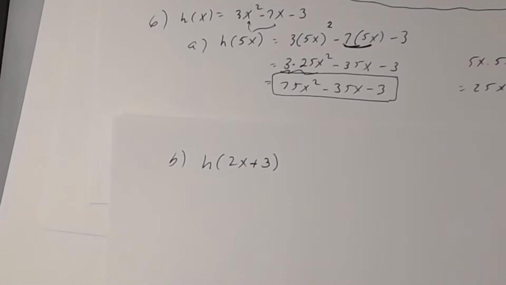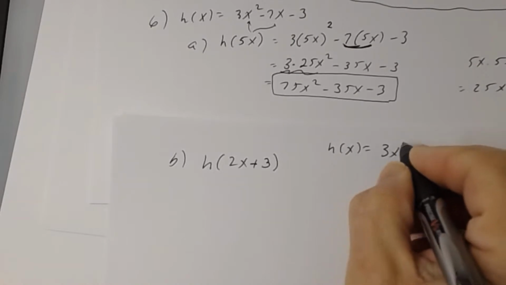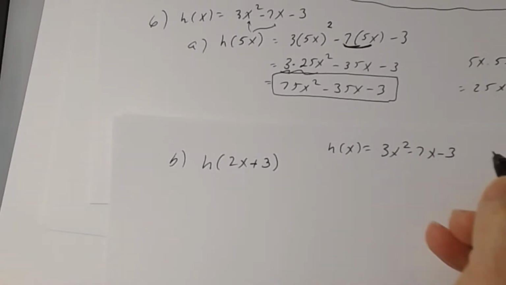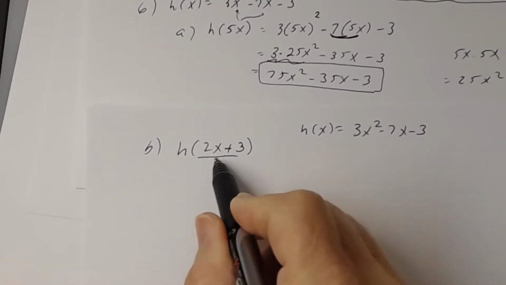I won't give you a trinomial because then you're going to be squaring that, and that's not that easy to multiply a trinomial by itself. But remember, this was your function. Wherever you see the variable x, what do I substitute? 2x plus 3.